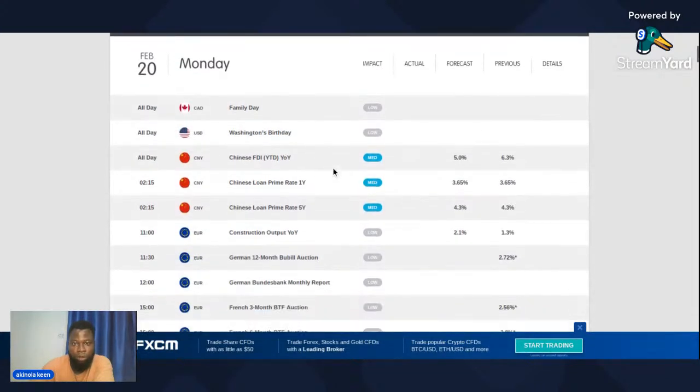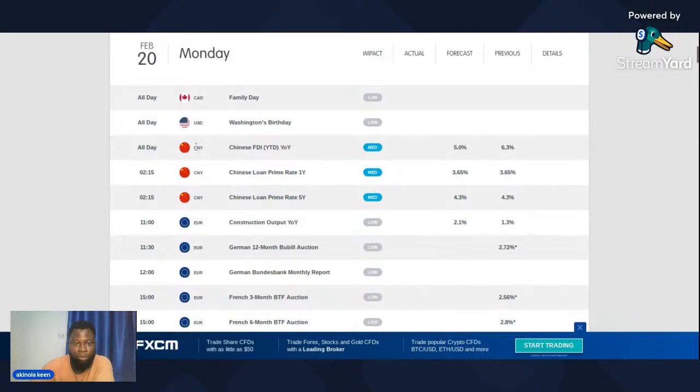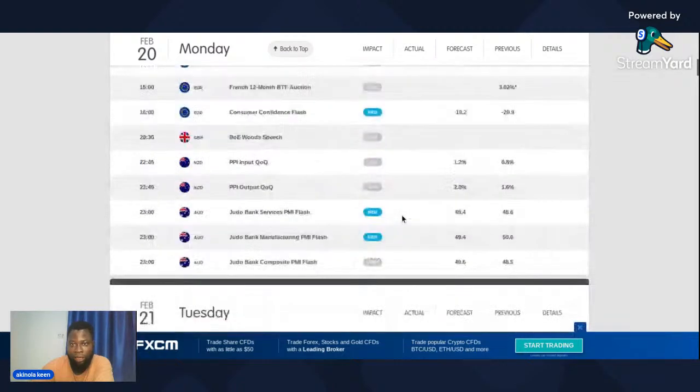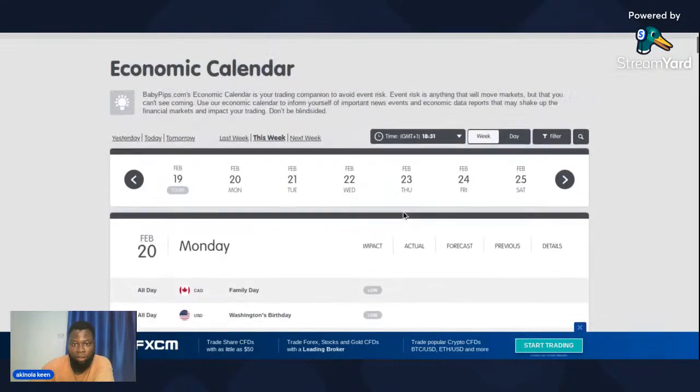So you can see on GBPJPY, this Chinese FDI may affect, but it's just medium. Let's check the high.